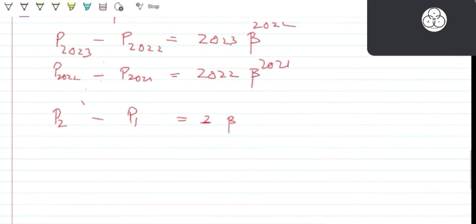Adding these, what will we get? All these terms will get cancelled out.